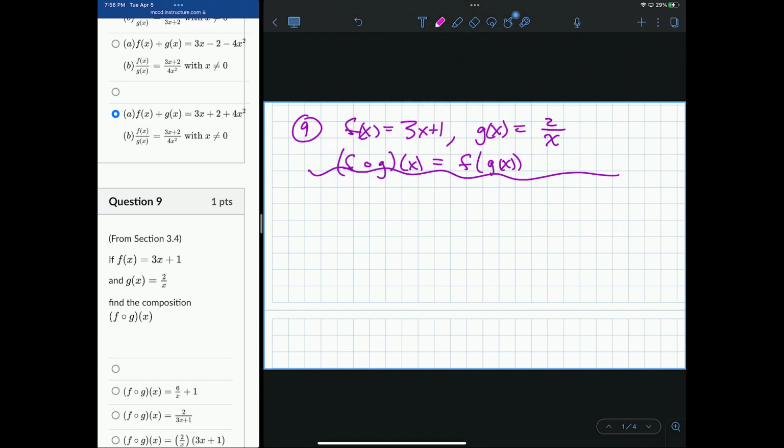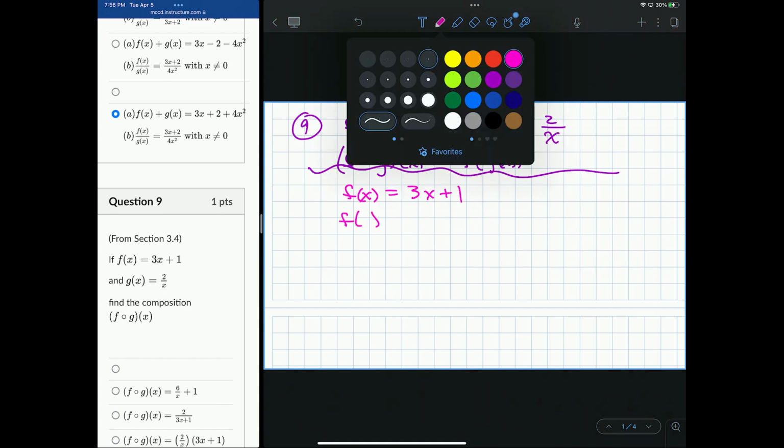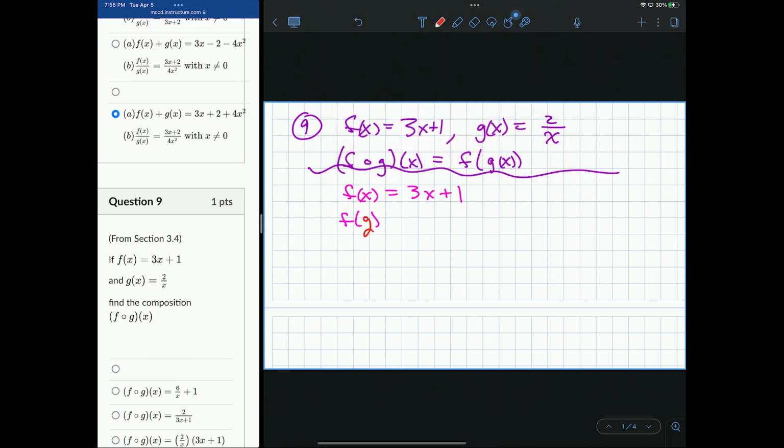So the way I would solve this is I start out by writing f of x. F of x is 3x plus 1. Then I say we're trying to get f of g. So let's replace the x with a g, like the letter G. Just literally the letter G. Okay?